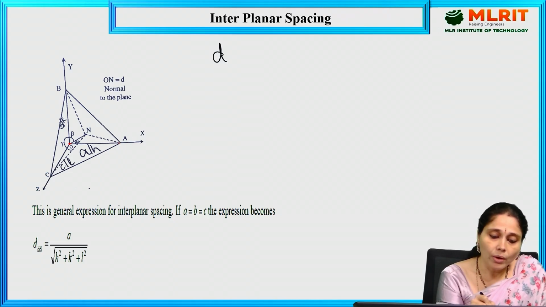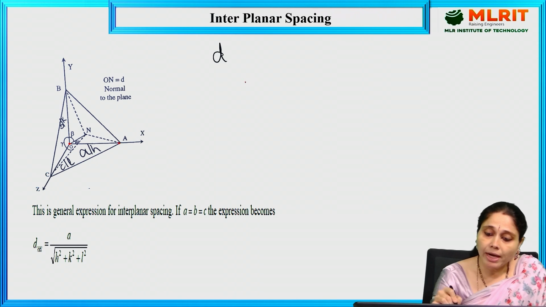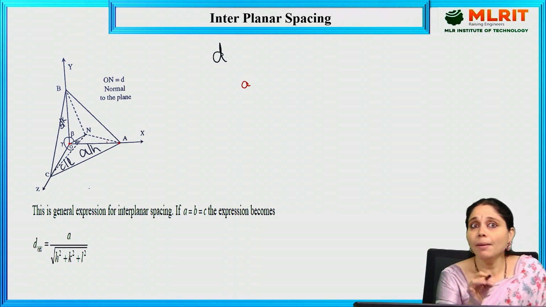OA is represented as A by H and OB is represented as B by K. Since the unit length we take as A, but here H, K, L are the Miller indices.